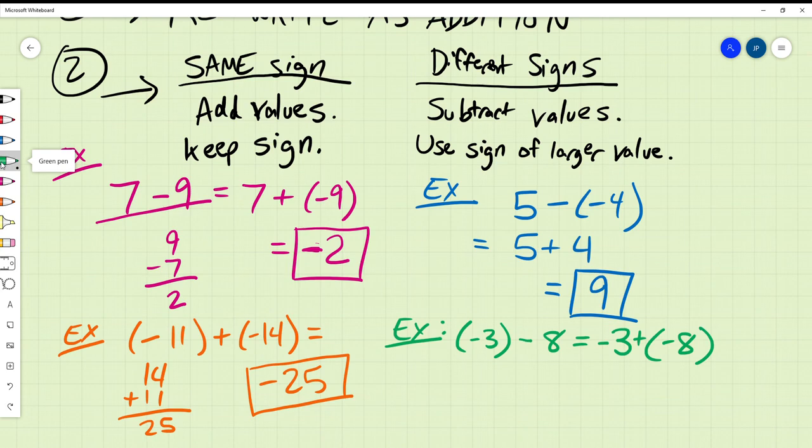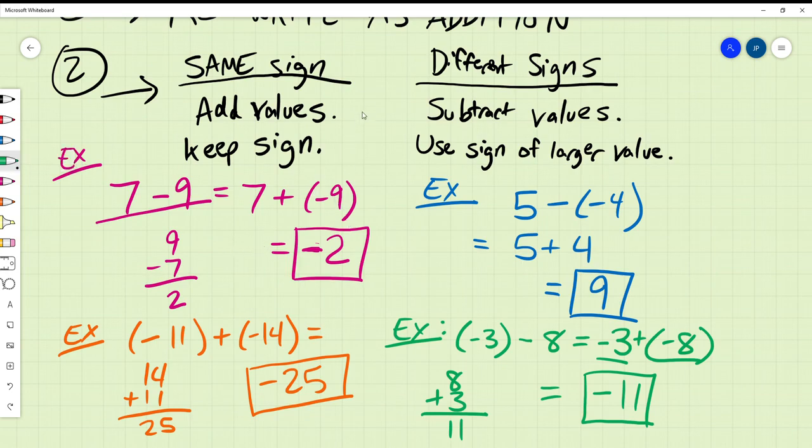Now we use our same rules. We've got the same sign, they're both negative, so we're going to add these two values, 8 plus 3, which is 11. They're both negative, so our final answer is also negative. It's going to be negative 11.